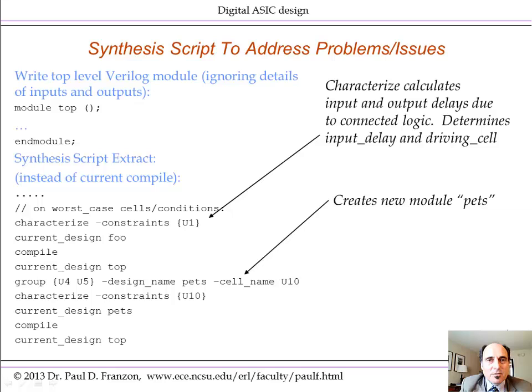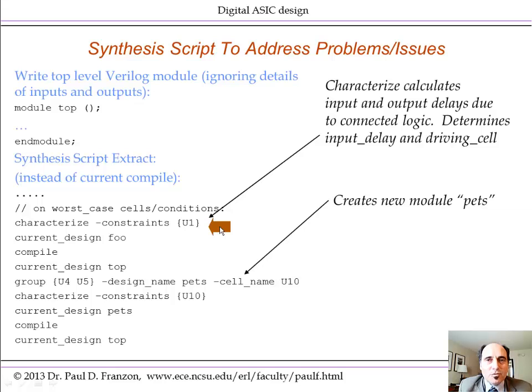What this does is look at the instance of a module and look around it to work out what the input delay and output delay, what the driving cell and the load cell should be for that module when it's synthesized. And this will work all this out for you, so you don't have to go through and specify it by hand.